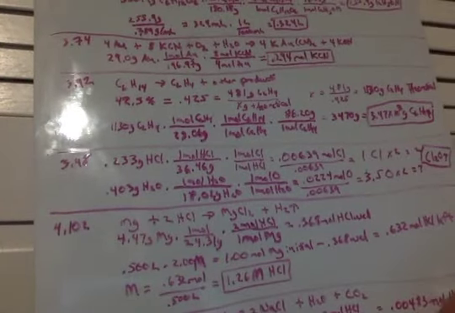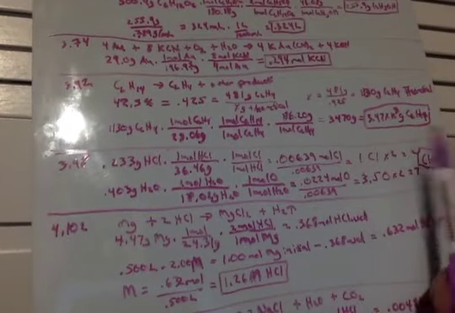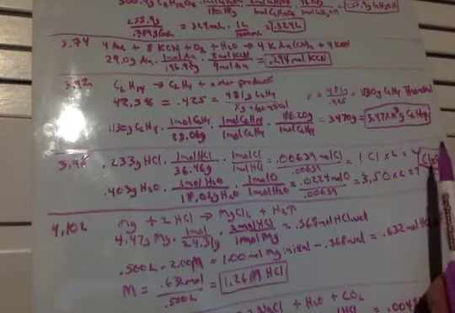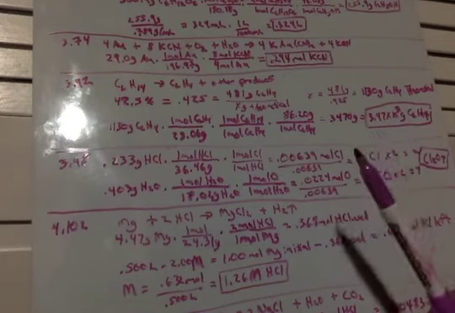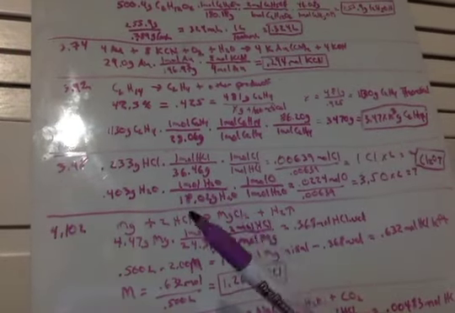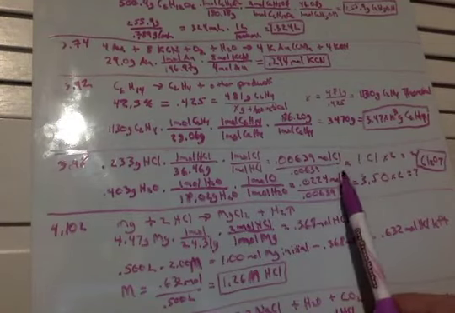3.98. This is a problem that we've seen before where we have to find the empirical formula. So the first step in finding the empirical formula of a chlorine-oxygen compound is to find the moles of chlorine and find the moles of oxygen.